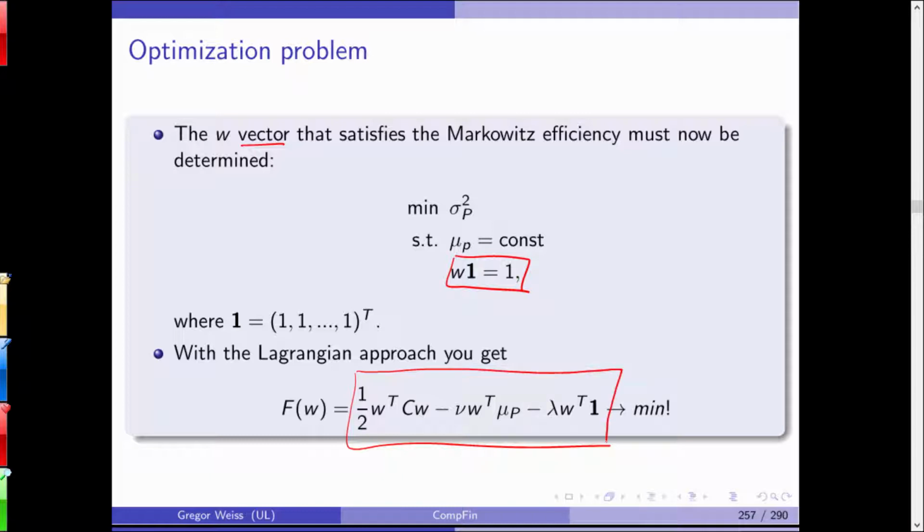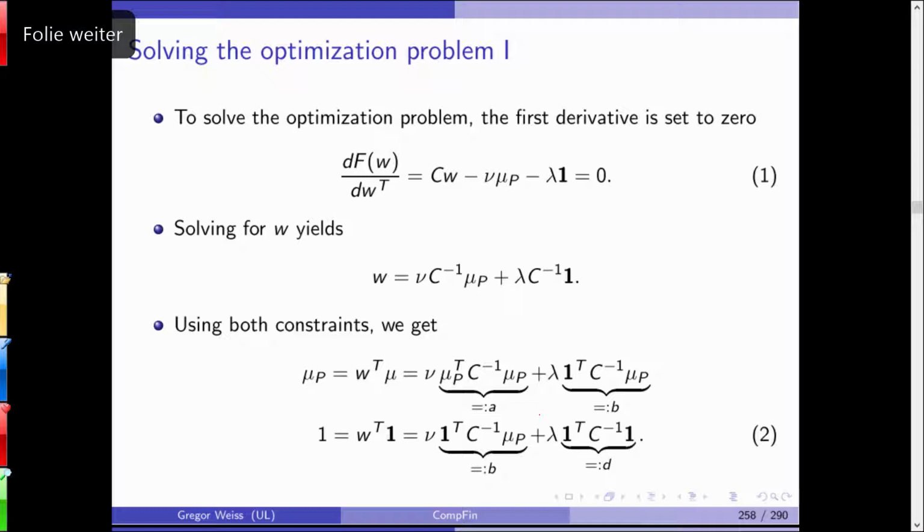You minimize the objective function plus lambda times each constraint. See, those are the constraints. We solve it by taking the first derivative and setting it to 0. If we now solve for W, the optimal portfolio weight vector, we can see that W should be given by nu times the inverse of the covariance matrix, and so on.